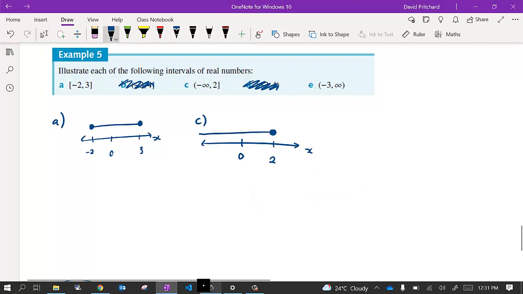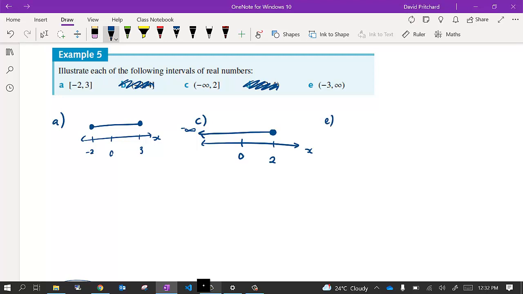So if I draw that line, and at the end of it I put an arrow on, that's going to tell us it's going to continue down. If you really want to, you can put a -infinity, saying that it's approaching -infinity. That's not necessary. And there we have our number line representation.